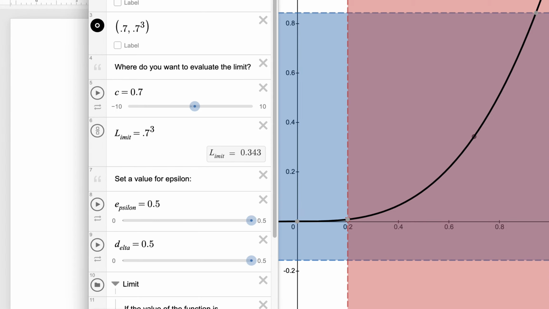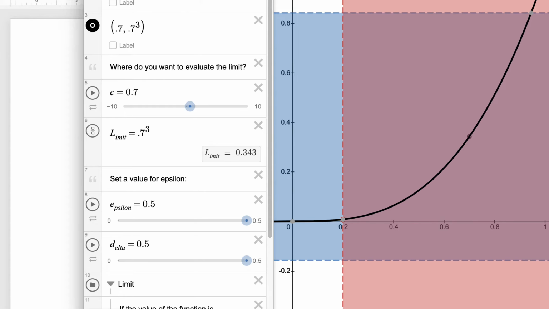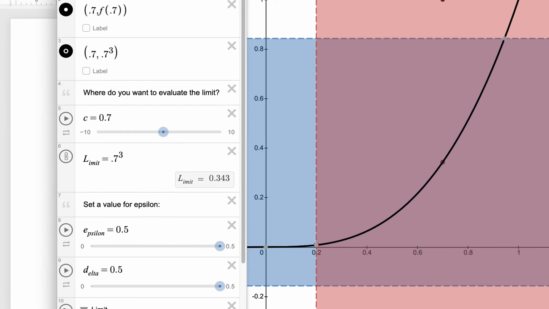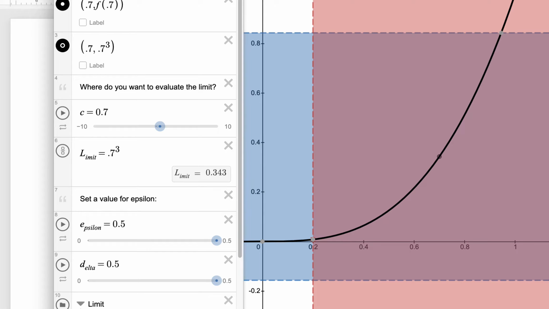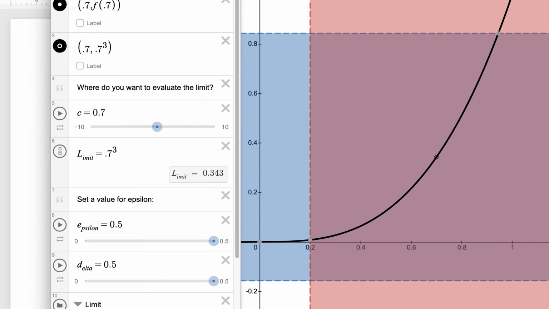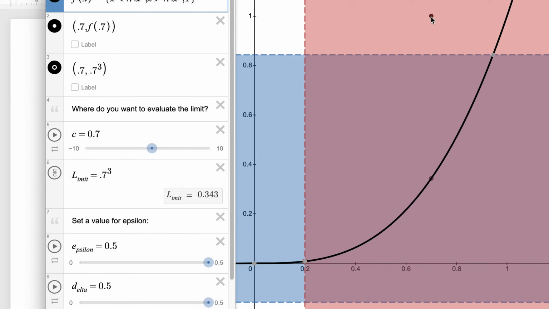So this is the function set up: f of x is x cubed except at 7/10. I've got an open circle there, and you can't see it because I've got it off the screen. I've got a dot right there. So the limit as x gets close to 7/10 is probably this y value right here, even though that's not a point on the function.